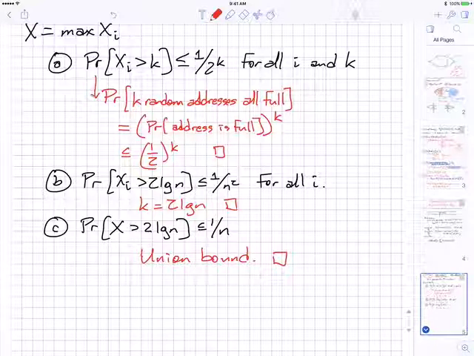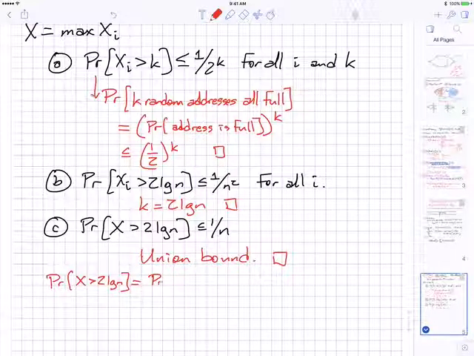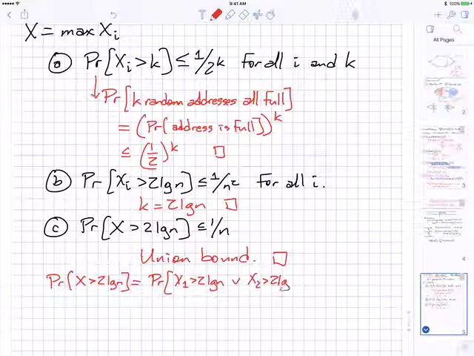Right, so let me write this out in a bit more detail. So the probability that x is bigger than 2 log n is equal to the probability that x1 is bigger than 2 log n, or x2 is bigger than 2 log n, or xn is bigger than 2 log n.